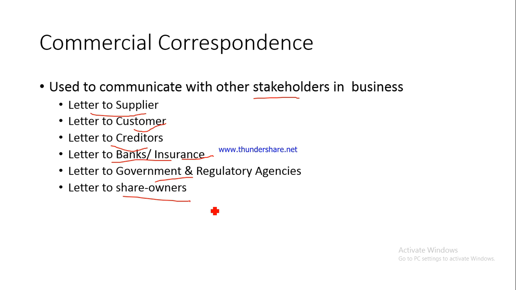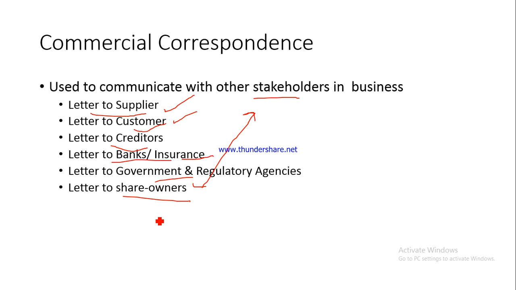Who are the share owners? Those who own part of the business, who have a share of the business, are called share owners. Now please don't confuse share owners with stakeholders. Many times instead of share owners we use the word shareholders. A shareholder is someone who owns the business, but stakeholders could include shareholders, but they could also include other entities like suppliers and customers who don't own the business, but have an interest in how the business is run, right?